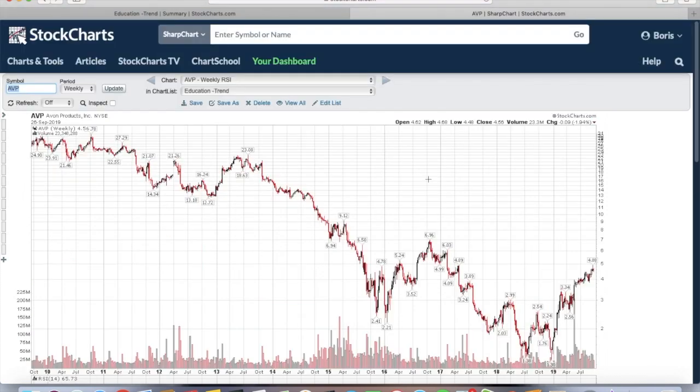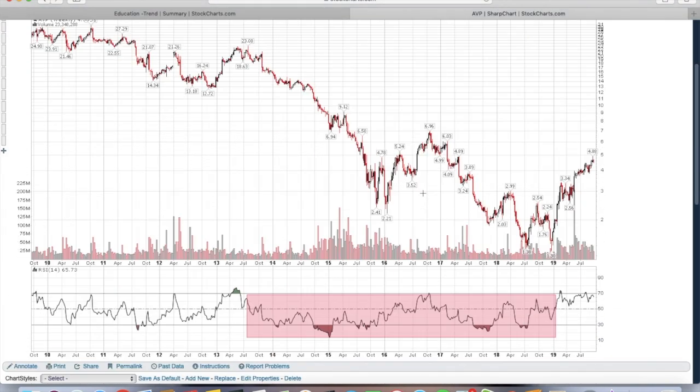In opposite, when the stock is in a downtrend like Avon Products, the RSI will give you a reading that is way below the 30 level. The bear market character of the RSI will trade between 10 and 70. You can see RSI never gets overbought again. When I say RSI gets overbought, it means it trades above 70.